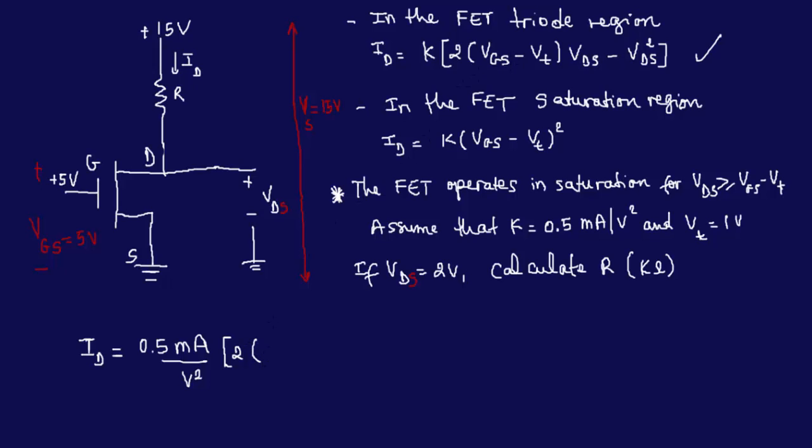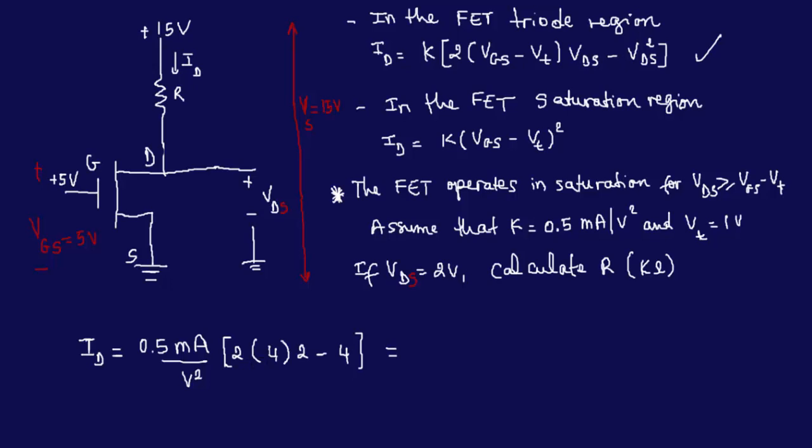VGS minus VT, we already know that's 4, because that's 5 minus 1, so we can put a 4 here. VDS is 2, and we have 2 squared, which would be 4, and that's it. So this was squared, so we have voltage squared. That would have cancelled out with this, so we know that our result would be in milliamp. That was the purpose of putting the unit here.